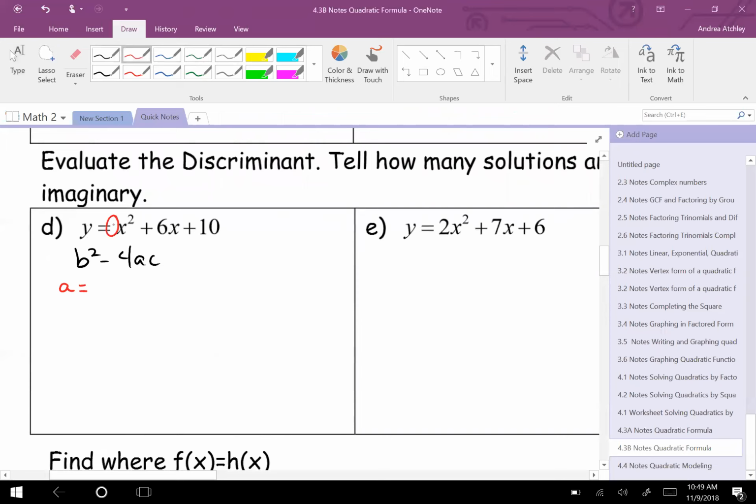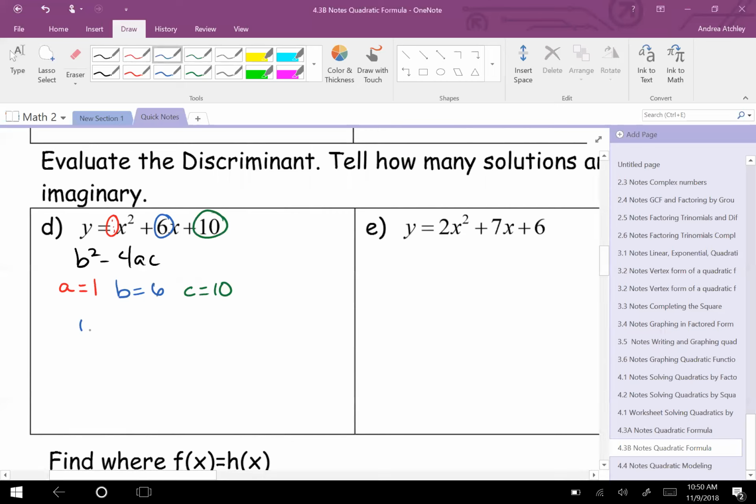Remember, it's the number in front of the x squared. Dakota, what's the b value? 6. Okay. That makes the 10 the c value. Then we plug it in just like we did for the quadratic formula, only we're just dealing with the discriminant, the part inside the radical.